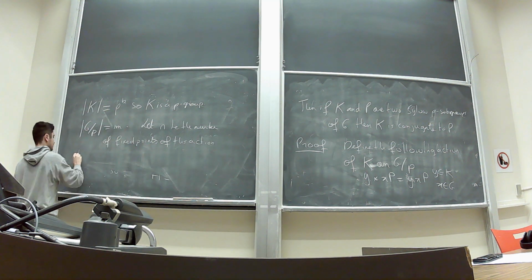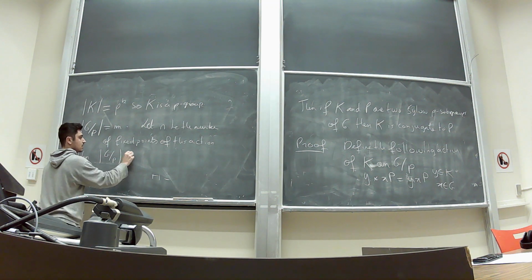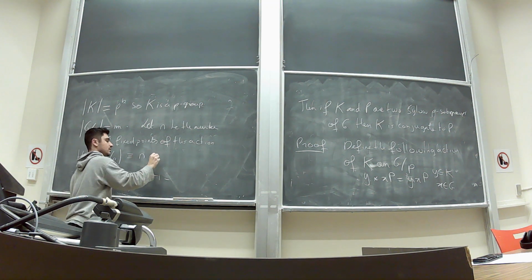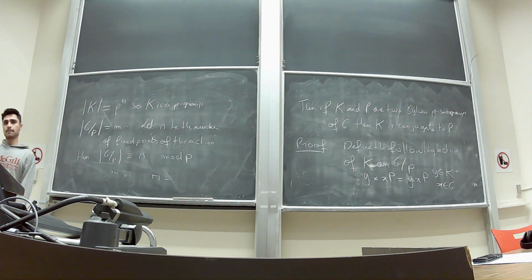Then the size of G mod P is congruent to N mod P. Look at the previous theorem: M is congruent to N mod P.